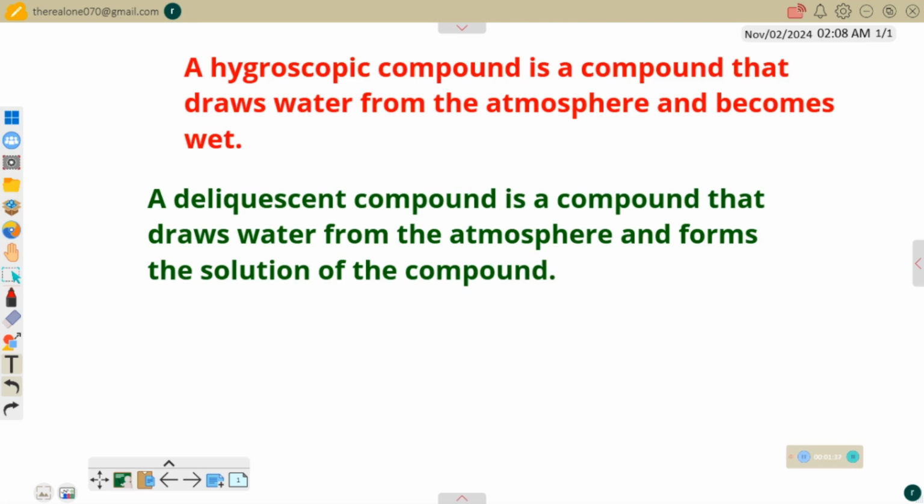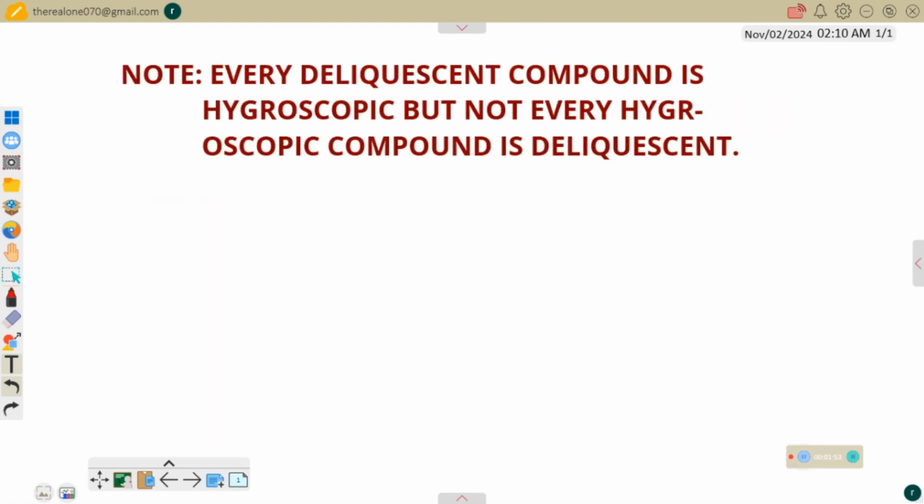Before I start giving examples of both hygroscopic and deliquescent compounds, it should be noted that every deliquescent compound is also hygroscopic, but not every hygroscopic compound is deliquescent. This is due to the definition of hygroscopy, because the word simply means attracting water from the atmosphere, and both hygroscopic and deliquescent compounds can do that.